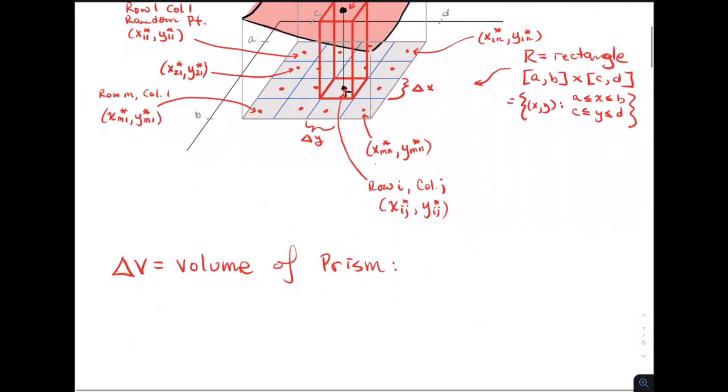And so the volume of the prism is just the base times the height.